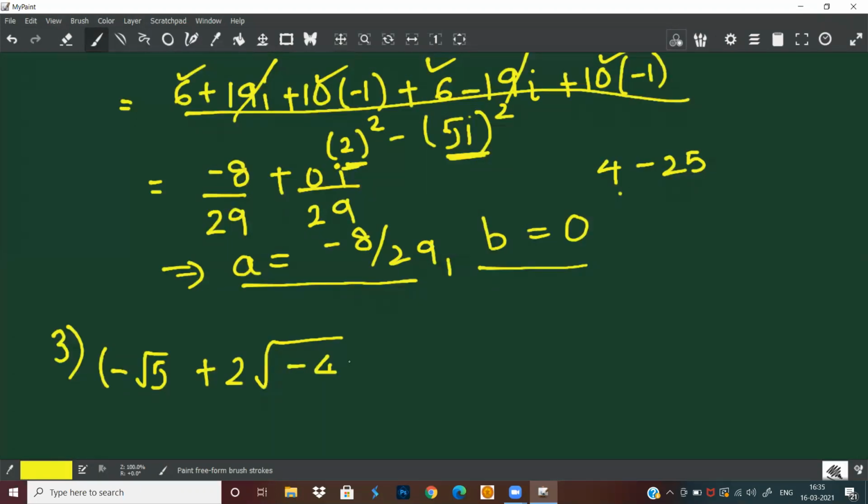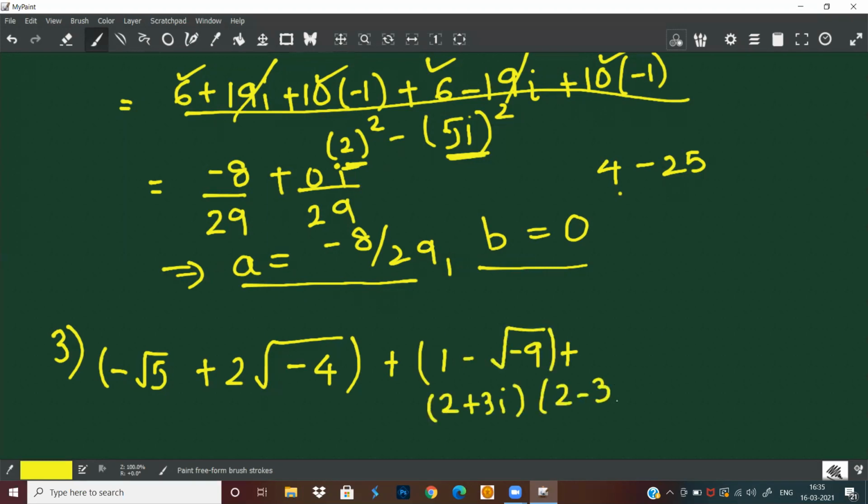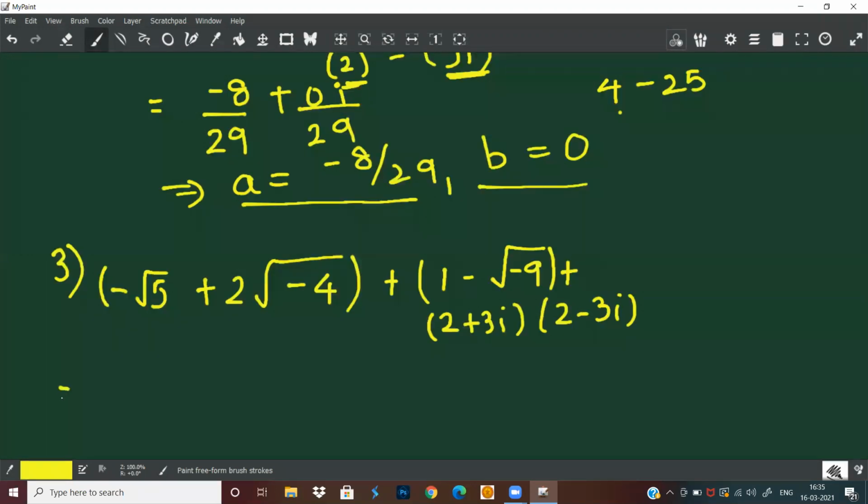Now you are going to do this. You know, square root of minus 4, do you remember it is 4 into minus 1?